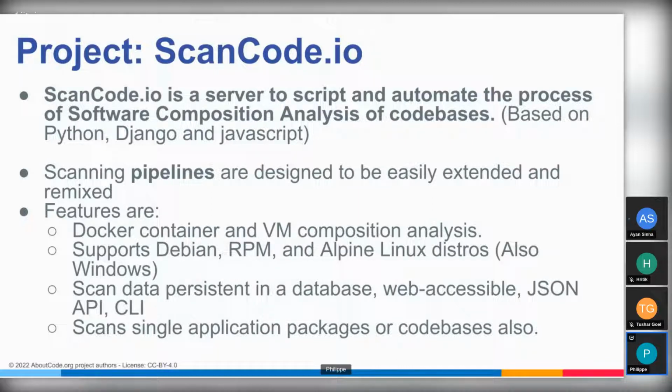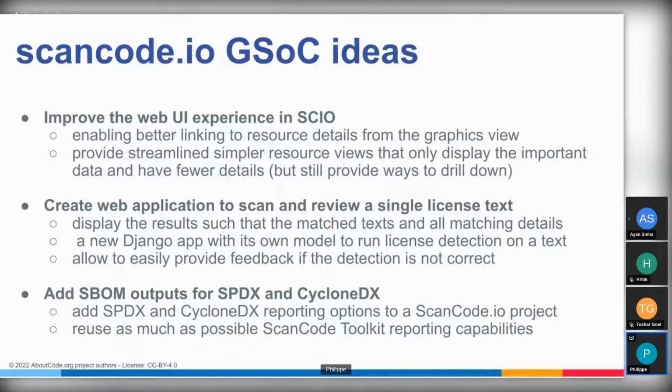There is also a REST API which can be interfaced, and we also have a command line tool. So this can also scan single application packages or code bases. And as we said, it's highly extendable, so you can integrate any other third-party tools in the pipeline.